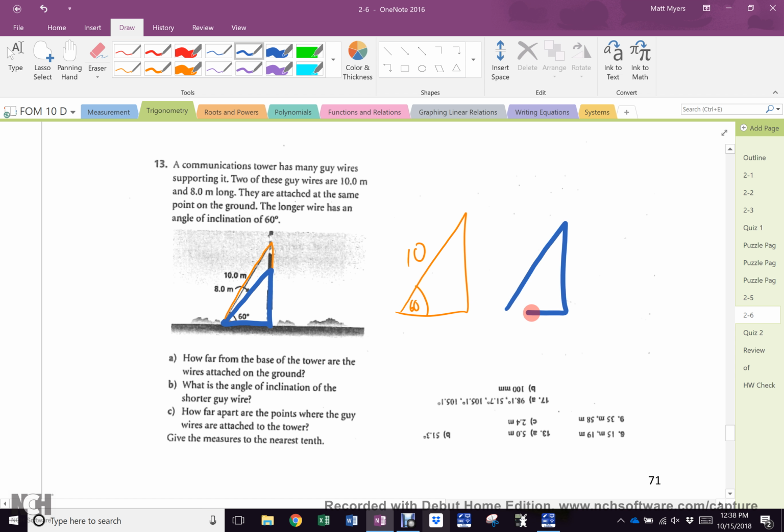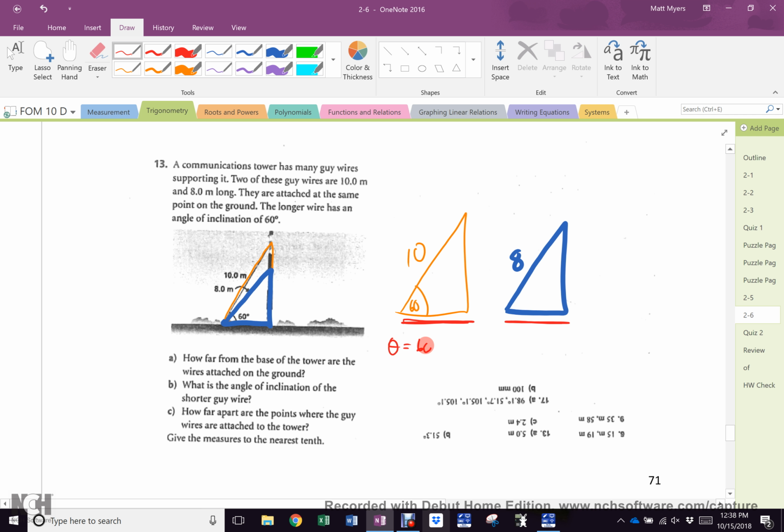A smaller triangle of which you know nothing except that it is 8. Right? Yeah, and the angle is half. You don't know that angle. So, how far away are they from the tower? Well, that's this side right here, isn't it? Blue or orange to figure out the red line? Orange, because that's the one that has 2 pieces of information.